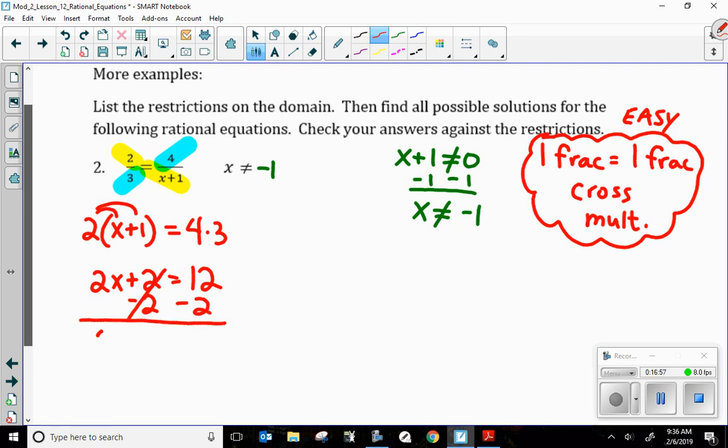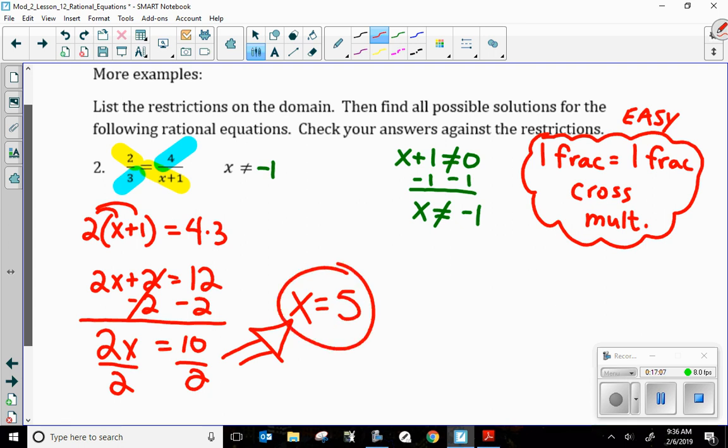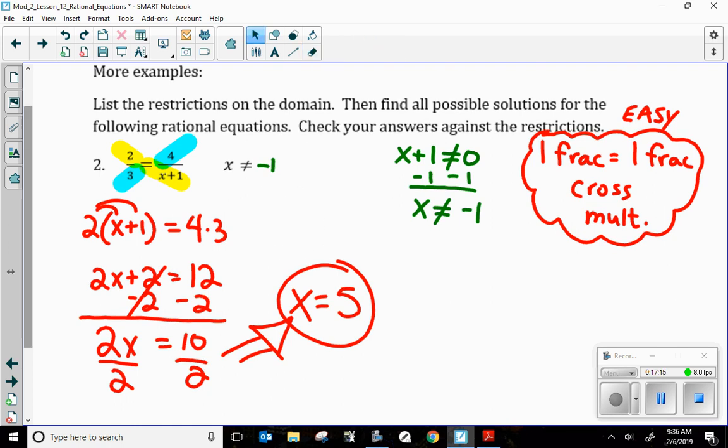Math is so difficult. 2x equals 10, and if I divide by 2, x equals 5. Is that a restriction? No. So we're cool. X can be 5. X can equal 5. X is 5.